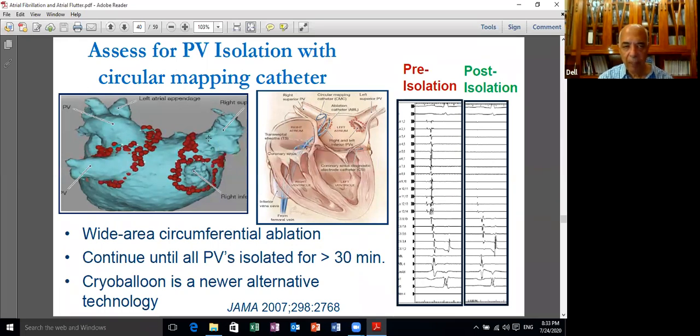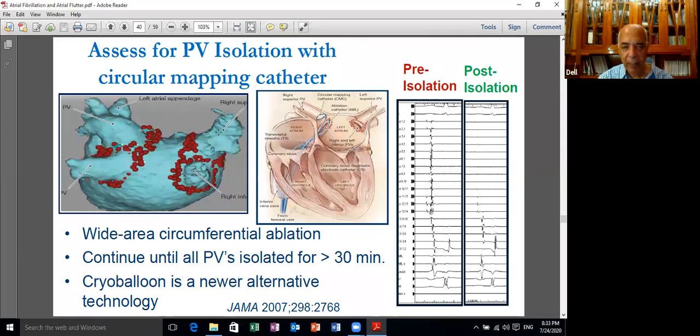And this wide area isolates the pulmonary veins and prevents the conduction of the pulmonary vein impulses into the left atrium. And you have to prove after the ablation, whether you are applying radiofrequency ablation or cryoablation, bidirectional block. If you pace the pulmonary vein, you cannot activate the atrium if it is in sinus rhythm. And if you pace the atrium, you cannot activate the pulmonary vein.